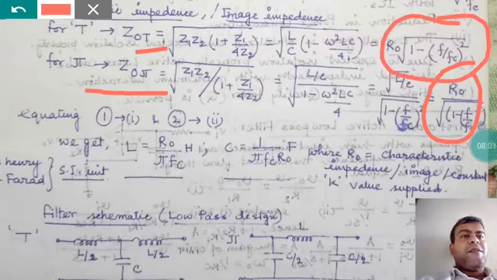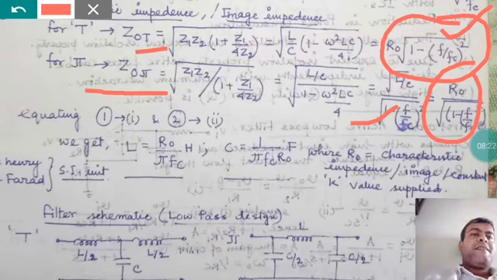One is R0 into root over 1 minus f by fc square, another is R0 divided by it. So obviously the characteristic impedance for the T network is larger, and for the pi network it is much smaller. So if the characteristic impedance is required to be increased or decreased, you have to select T or pi as per the relevance.